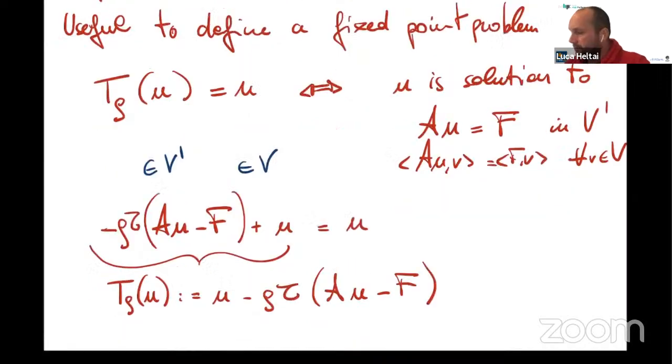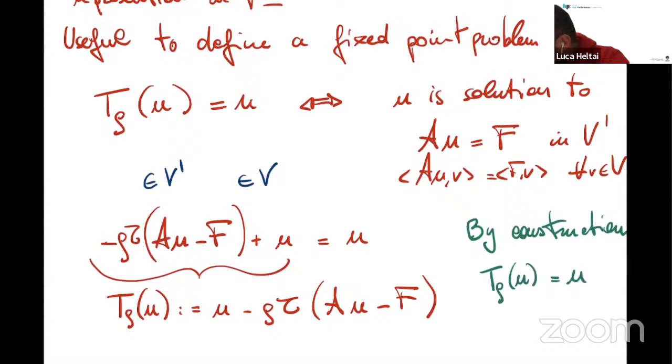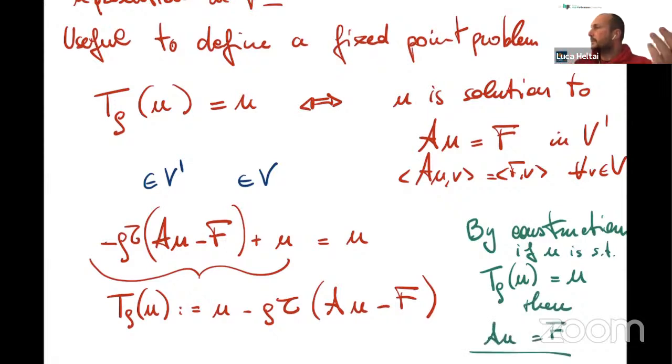Now by construction, T rho of u equal u, a fixed point: if u is such that T rho of u is equal to u, then Au is equal to f by construction.